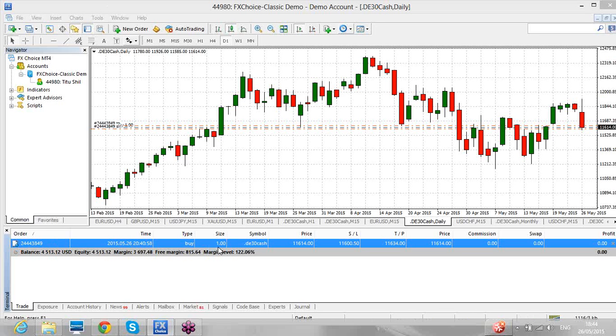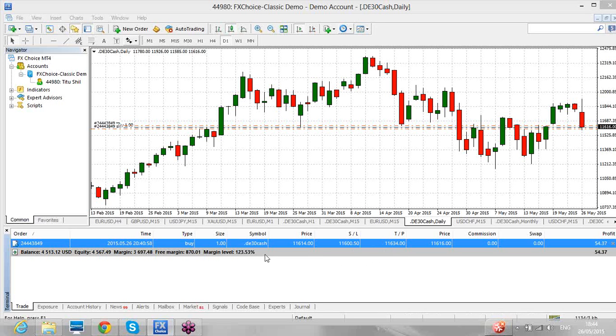The size was 1, but be aware that the 1 is 25 euros, and the DAX 30 is the market, and you entered at 11614. Your stop loss is at 11600 and your take profit is at 11634. So we have a risk reward ratio of 1 to 3.